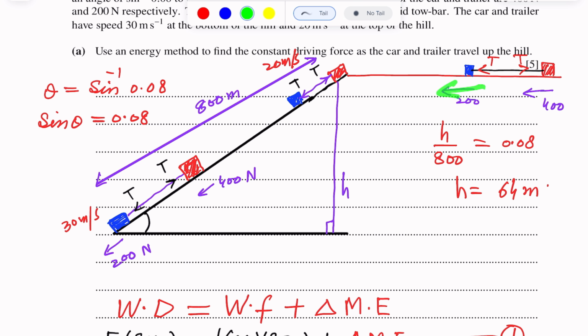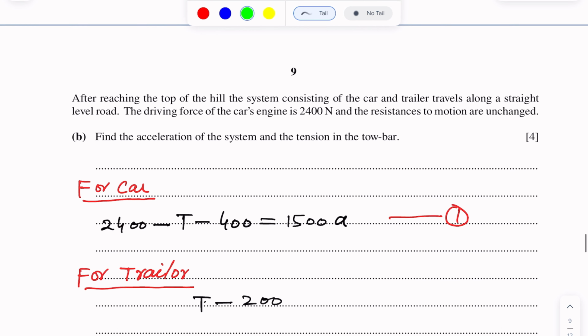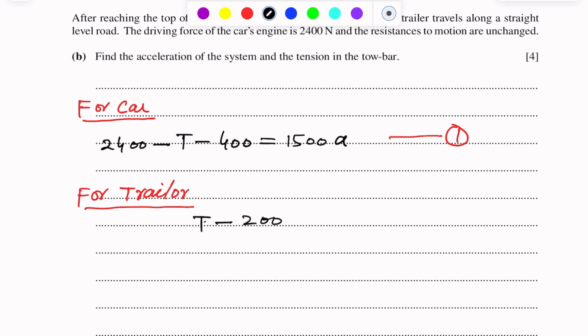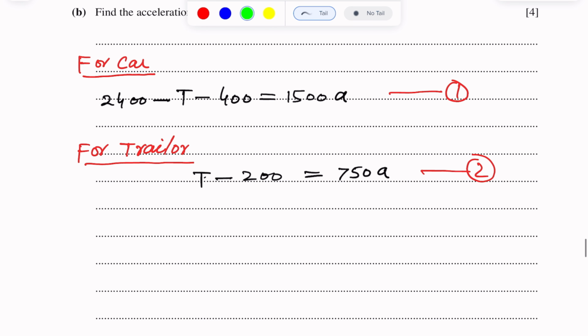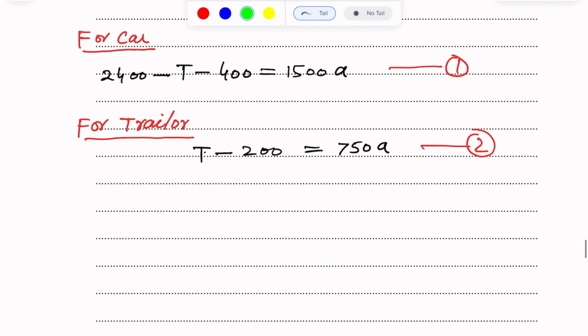So the net force equation will be T minus 200 is equal to MA. Mass of the trailer is 250, so 250A. Let this be equation 2. Now we will solve these two equations 1 and 2 simultaneously to get acceleration and tension. So from equation number 2, T is equal to 200 plus 750A.